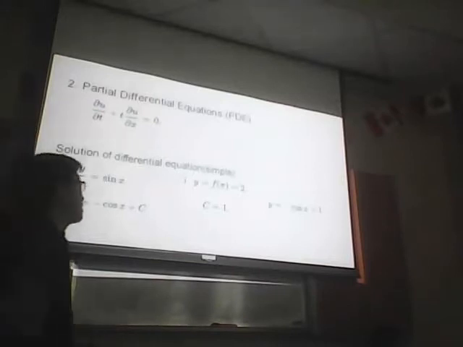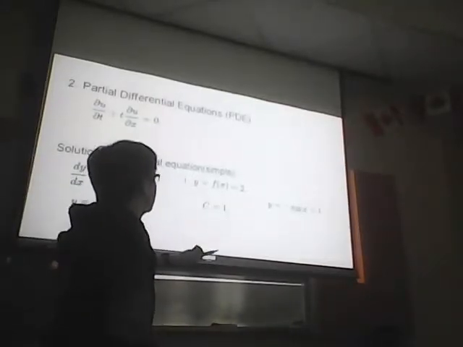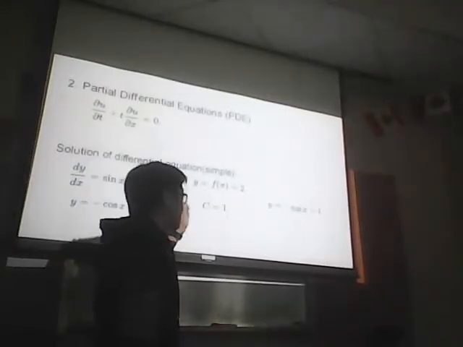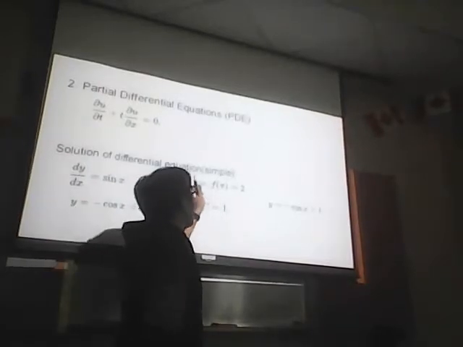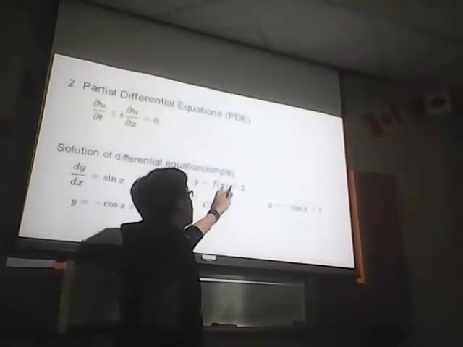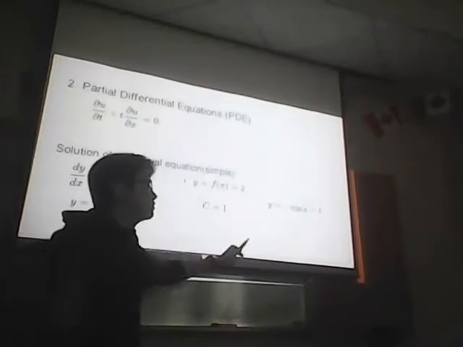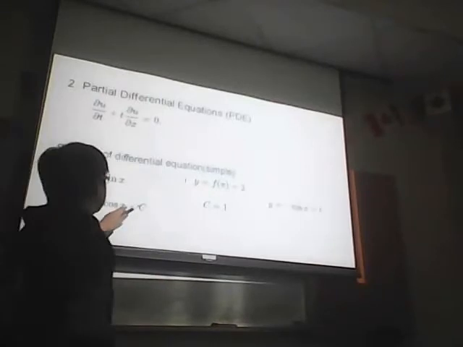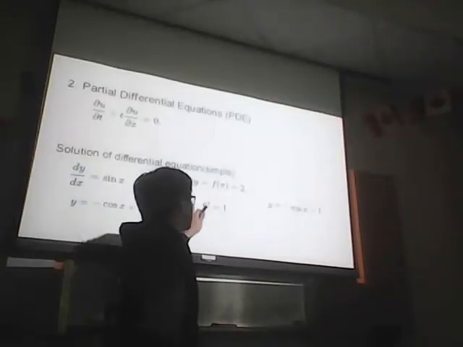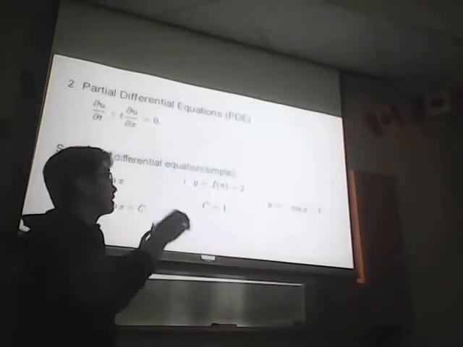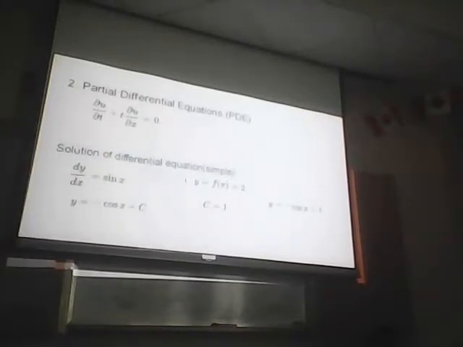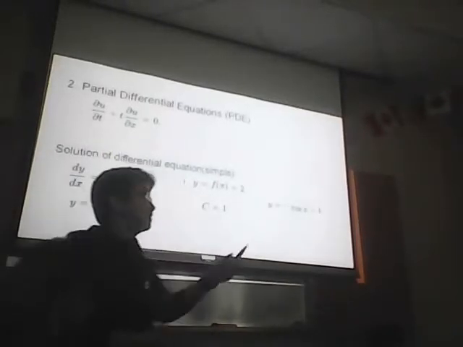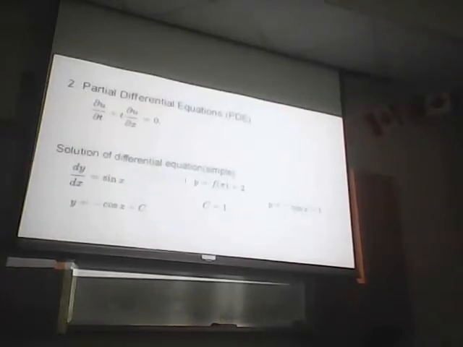And if the question says y equal to f of pi equal to 2, you have to put pi inside, and plus c equal to 2, so you can solve c equal to 1. But in some questions, they will not tell you this, so the answer is various.